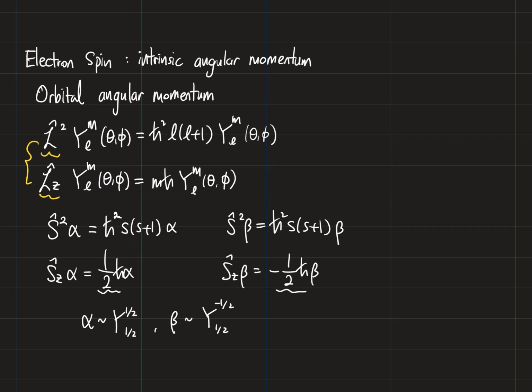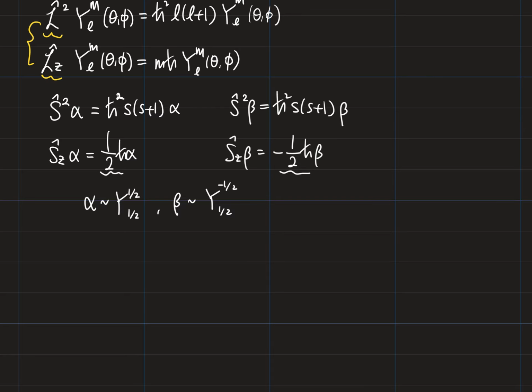However, and this is crucial, this is a strictly formal association. Unlike orbitals, which depend on angles theta and phi, spin functions alpha and beta do not necessarily have to be specified in coordinate space. They are quite abstract labels describing the intrinsic state of the particle. So we don't need to know what they look like in space. Actually, no one has observed that. We just need to know how the operators act on them.